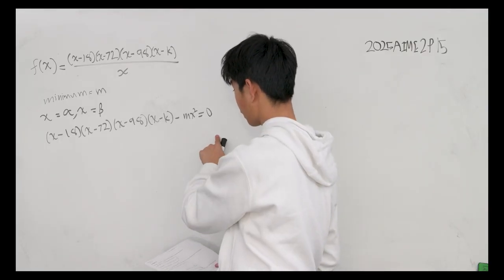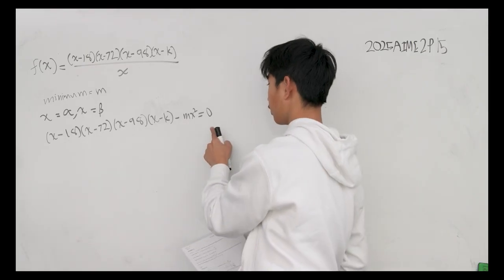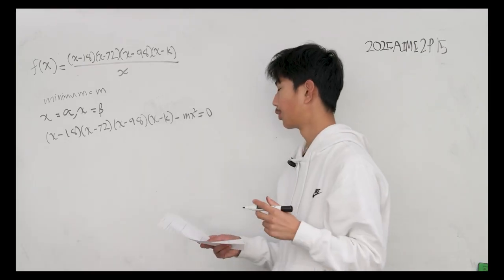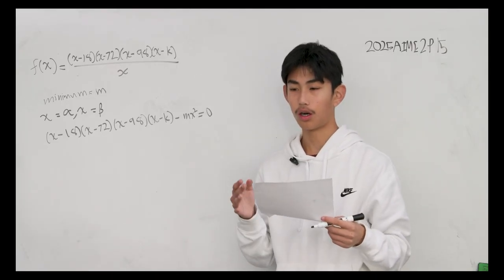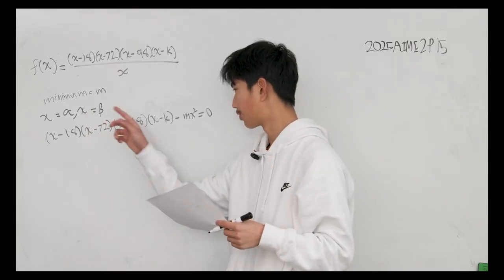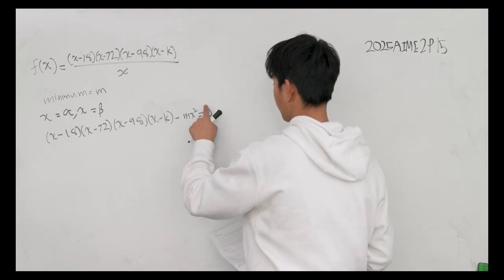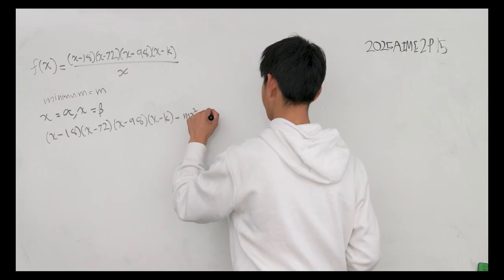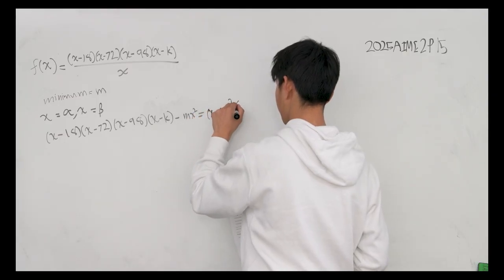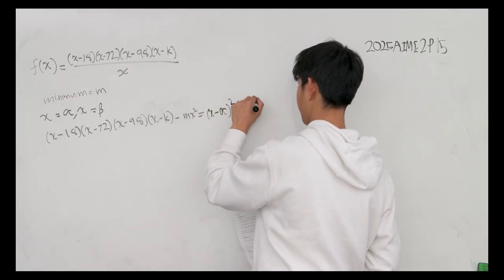This is true. But we know that when this is true, this has to be factorable into a square of these 2 roots. So this basically has to be equal to (x - alpha) squared times (x - beta) squared.